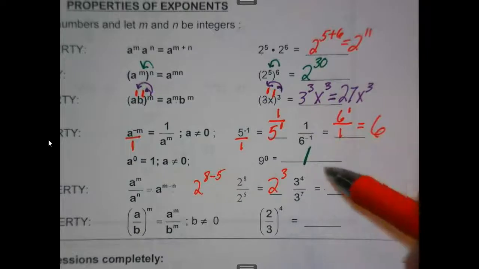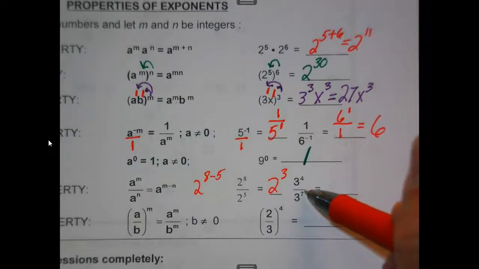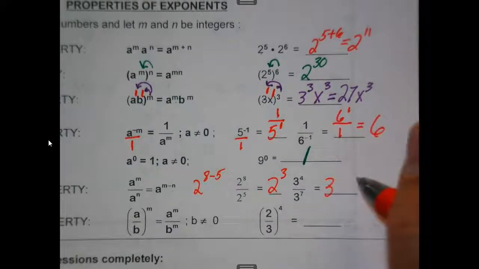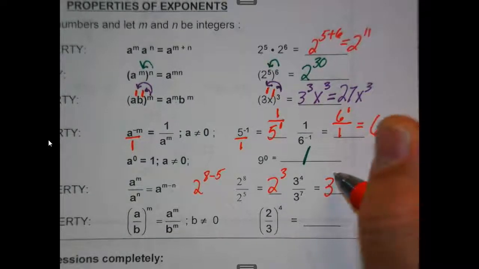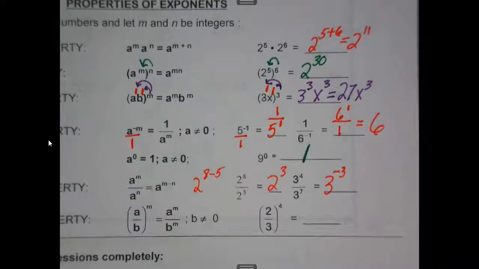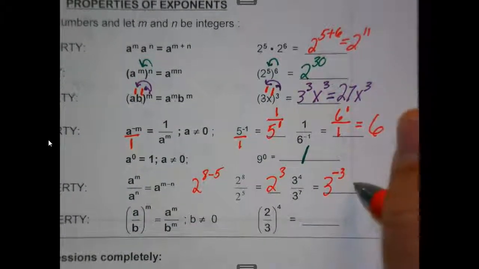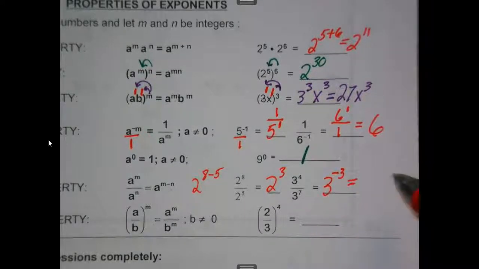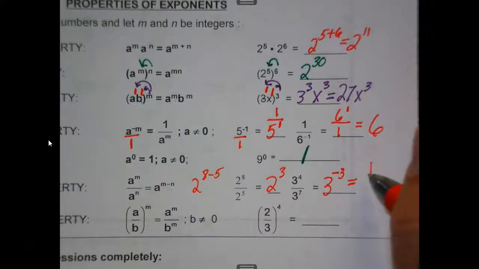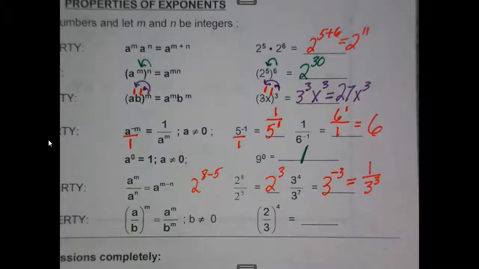The next one is 3 to the 4 minus 7 is 3 to the negative 3. Careful. I could never leave my answer with a negative exponent. So what is this? 1 over 3 cubed, or 1/27.